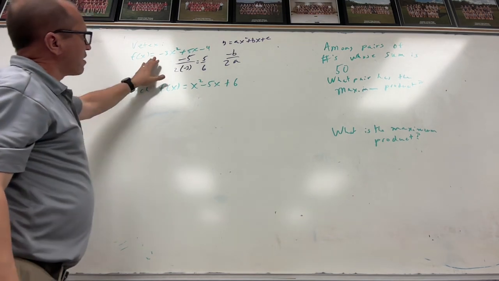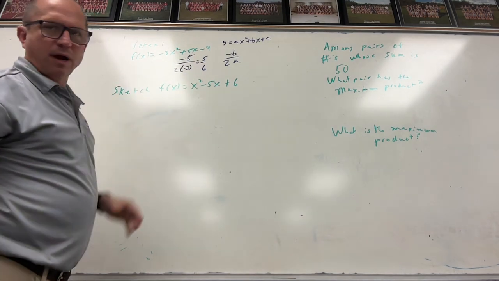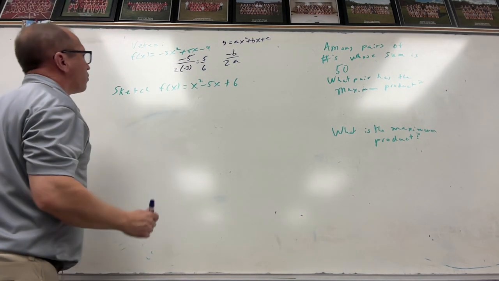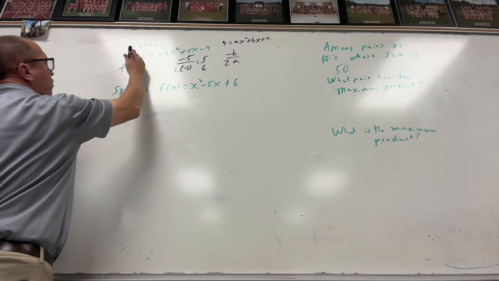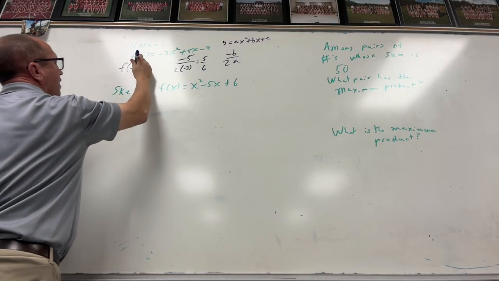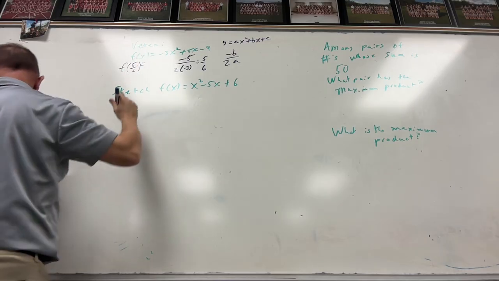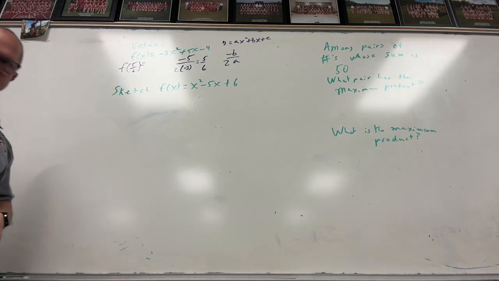Now, we want the entire vertex, not just the x-coordinate. So at this point, to get the y-coordinate, we figure out what is f of 5/6. So let's look at this real quick.